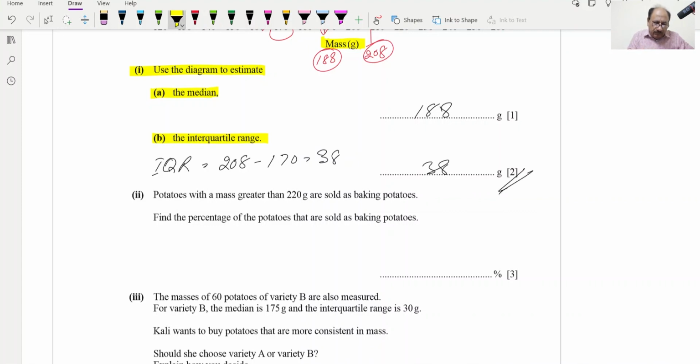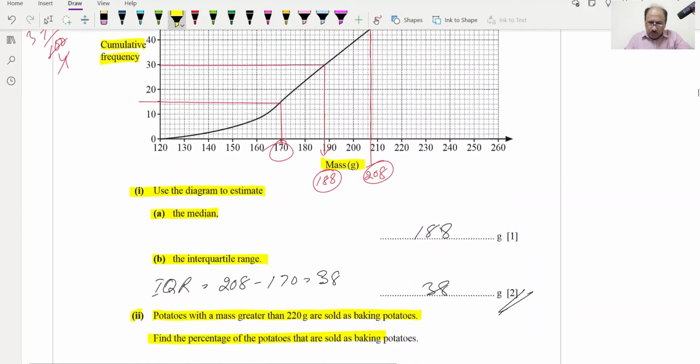Now second part, potatoes with a mass greater than 220 gram are sold as baking potatoes. Find the percentage of potatoes that are sold as baking potatoes. So we can check for 220 grams.